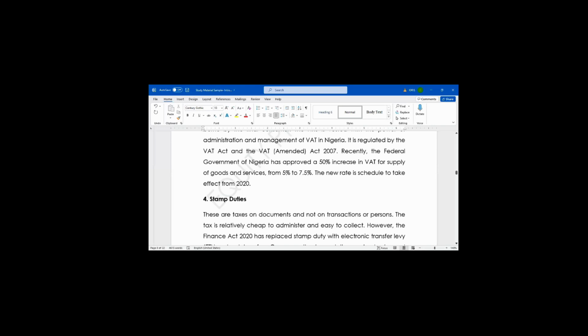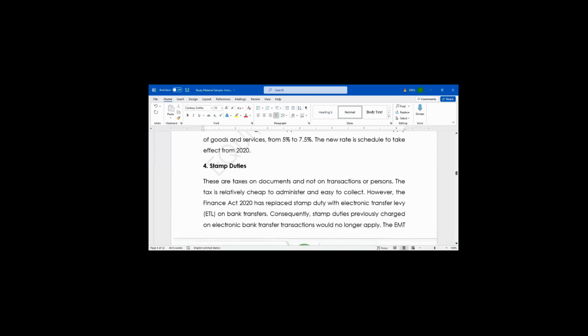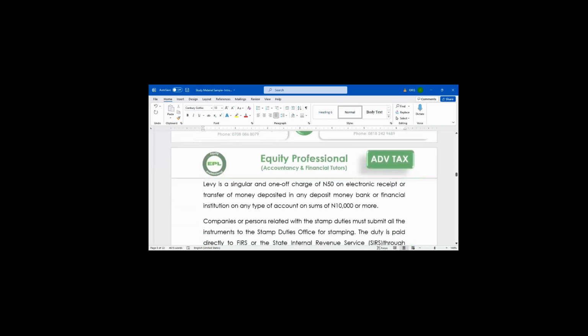Those duties or taxes imposed on a written document or transaction to make such a transaction legally binding are called stamp duties.